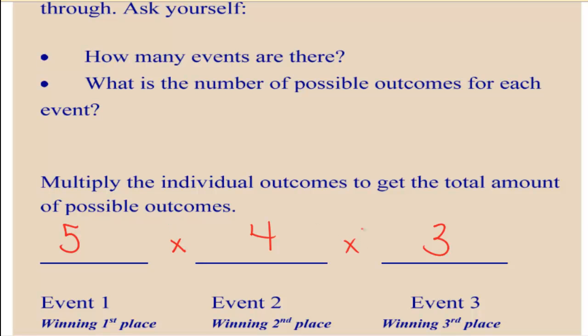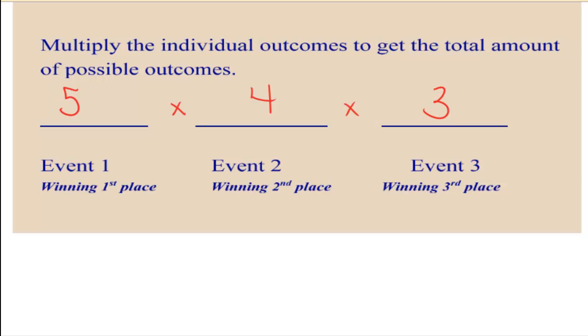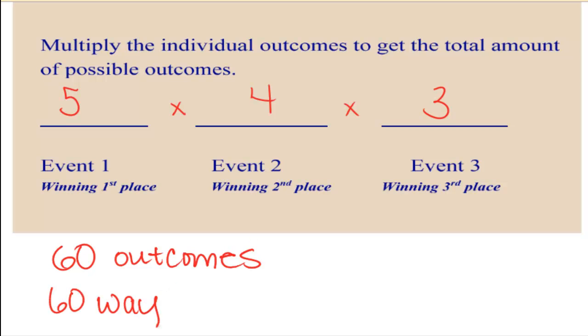So we're going to multiply 5 times 4 times 3. What is 20 times 3? 60. So there are 60 outcomes in this case, or 60 ways that 5 people could get first, second, and third place.